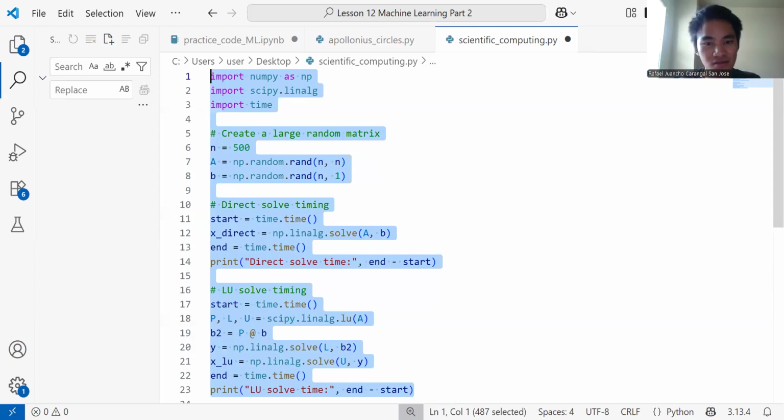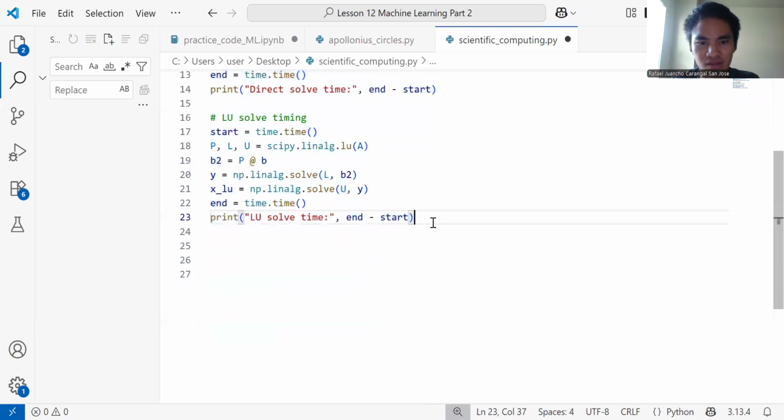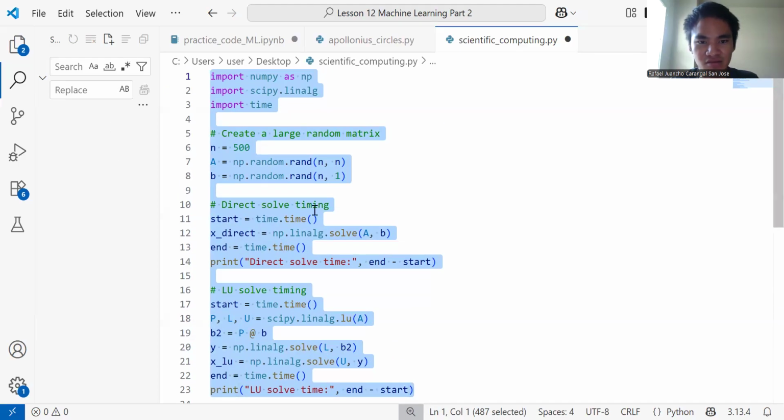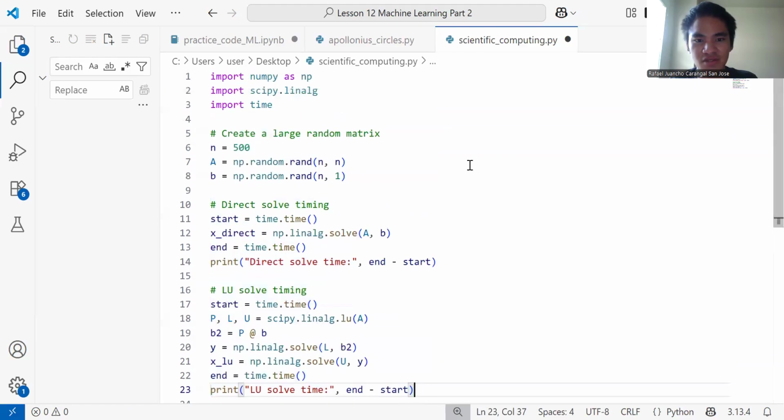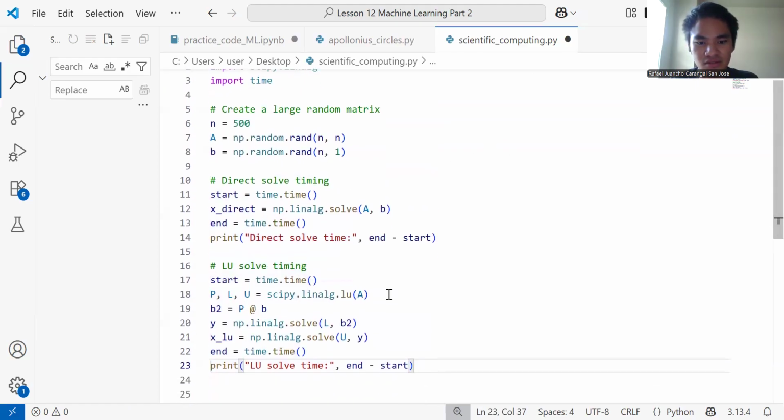Python's optimizing it. We want to use that regular Gaussian elimination. I'm just gonna copy paste this because I'm just making it as quick as I can. Because linalg makes it optimized.